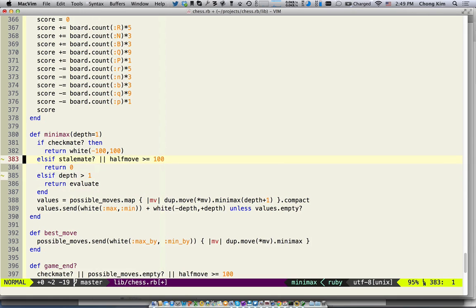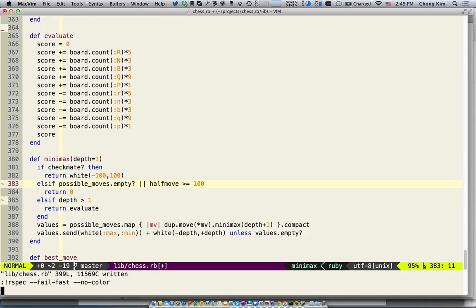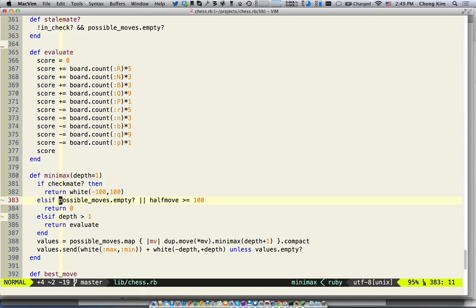Stalemate, I think, just says in check. But we don't need those statements because for minimax, this checkmate handles a lot of it, and we don't want to duplicate the effort. Everything should pass, and it should be a little bit faster.